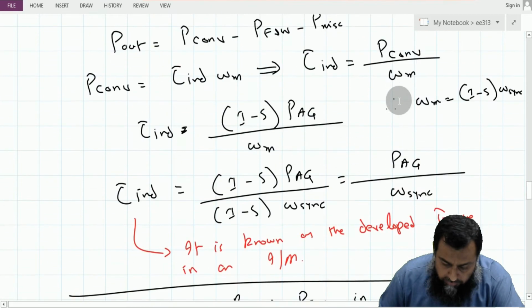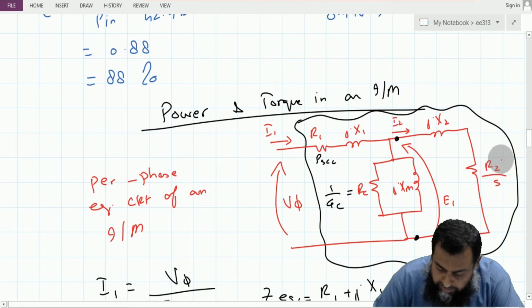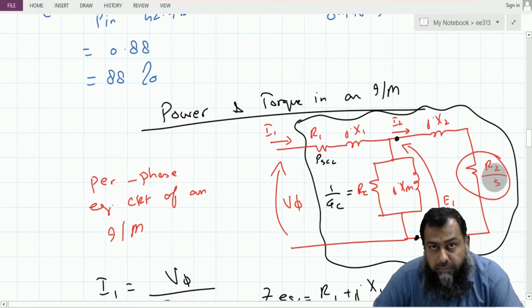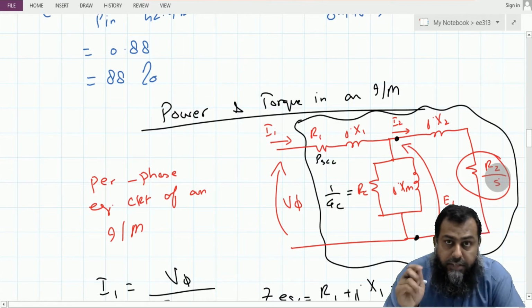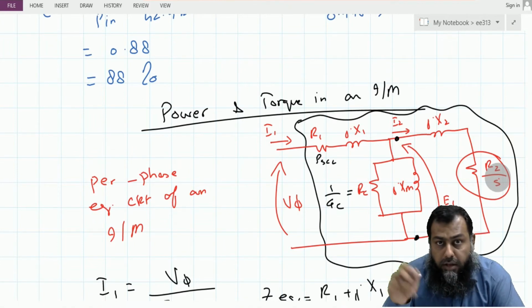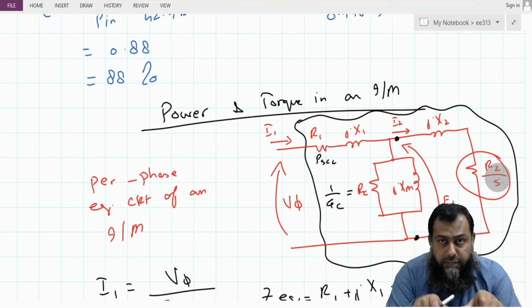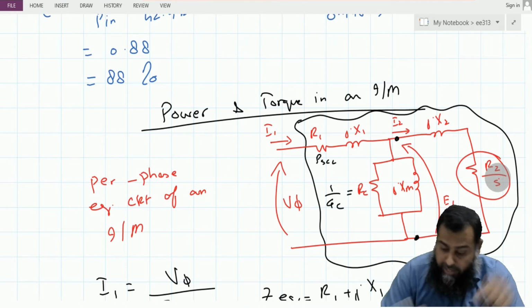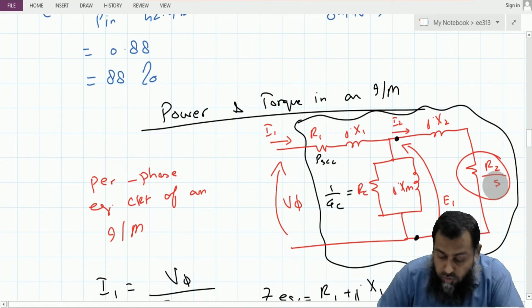Remember that we have earlier studied that the amount of current which flows into the rotor circuit is dependent on R2 over S, and slip is the difference between the synchronous speed and the mechanical speed of the rotor. Now if the motor is operating at no load, the motor is operating at a speed very close to the synchronous speed, and therefore S is very low, close to 0.